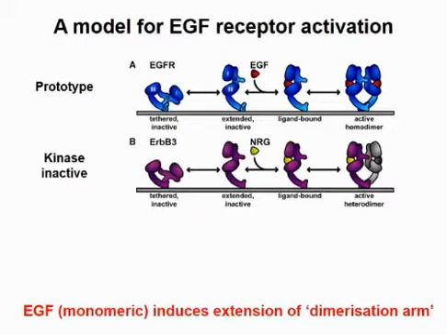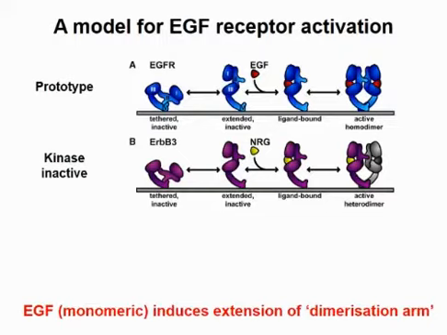So the kinase inactive one can still be functional, so it can still be activated in the same way. In this case, B3 is the inactive one, and it can still be extended by one of its growth factors, this NRG or neuregulin.